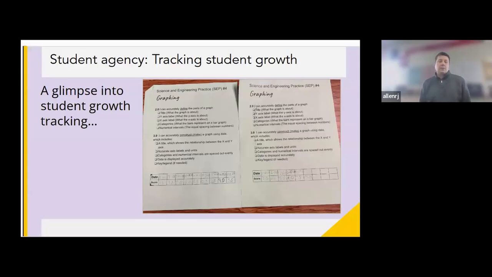They keep the growth folders in the room, and then we also put scores in Synergy, our grading system, but not for every individual assignment. We put almost like checkpoints every couple weeks of how they're doing. So the kids are keeping track of this, but I'm obviously also keeping track because they're not super accurate sometimes.